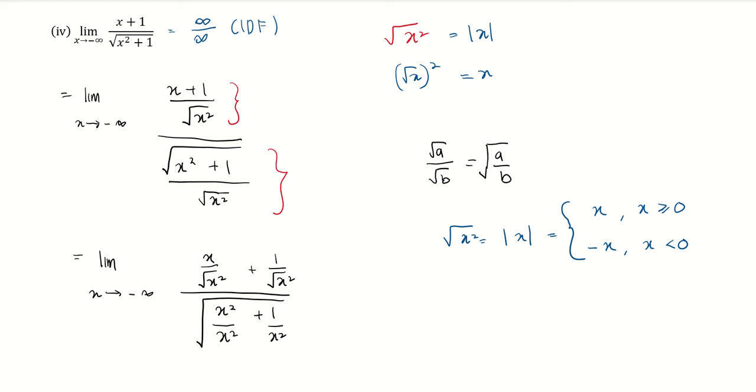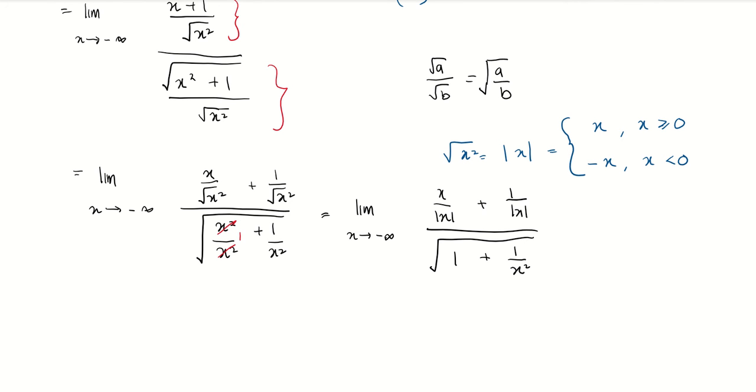I will rewrite this. The denominator simplifies to 1 plus 1 over x squared, so the limit as x approaches negative infinity is x over modulus x plus 1 over modulus x, over the square root of 1 plus 1 over x squared.